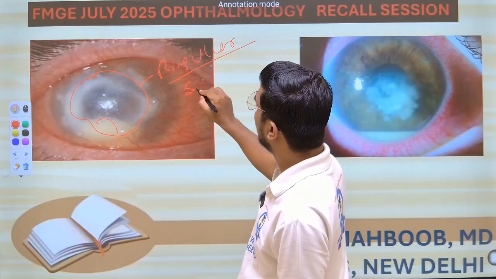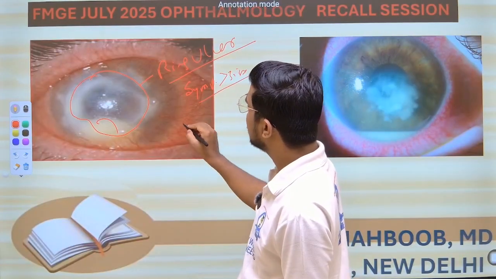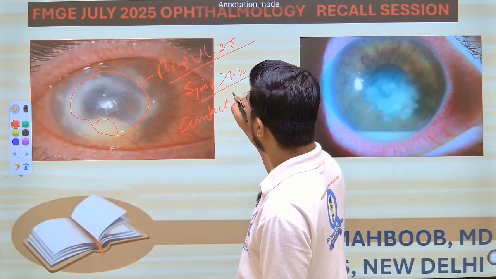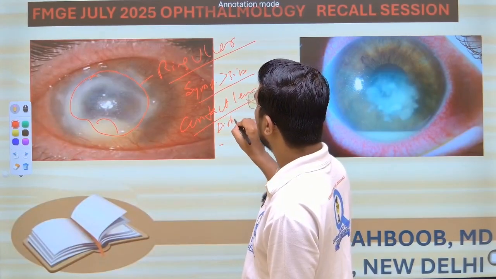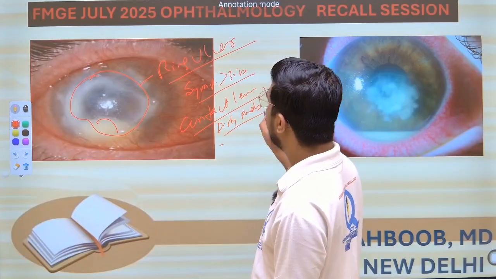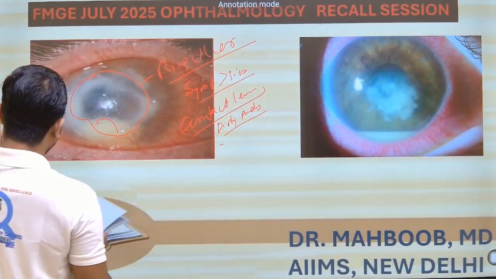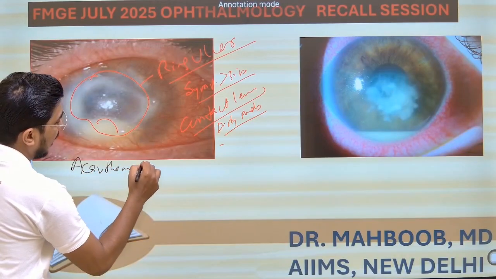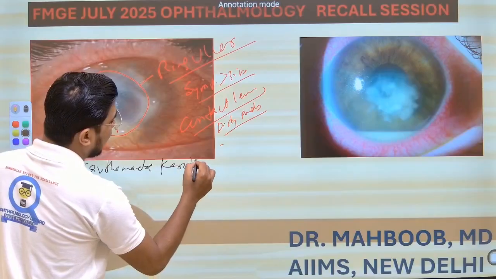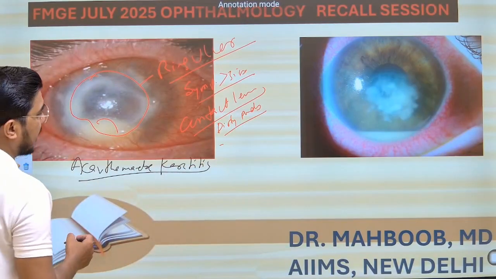Here symptoms are more than signs, and this generally presents in the contact lens user or after going into dirty ponds. So this is nothing but acanthamoeba keratitis. Okay, this is acanthamoeba keratitis.